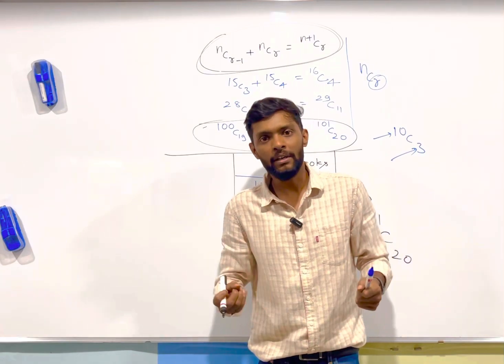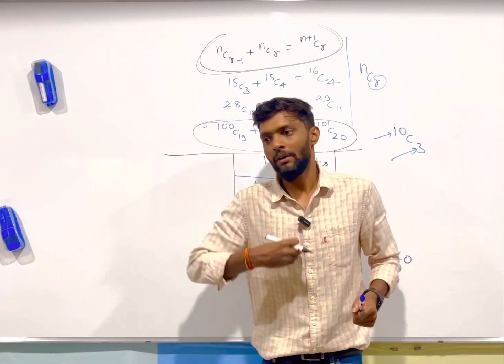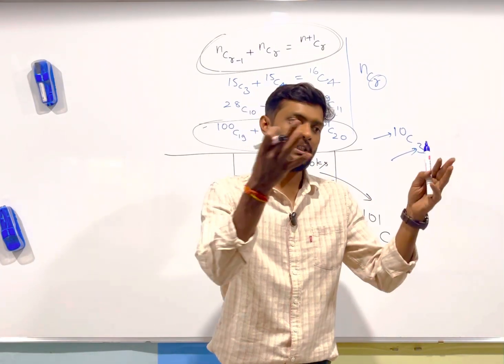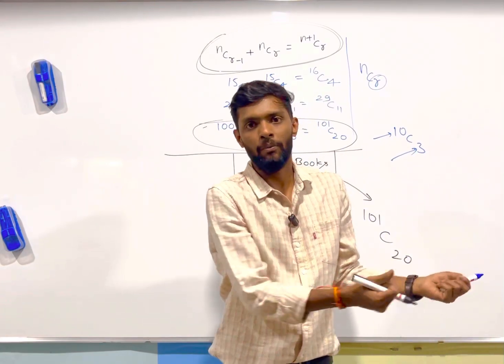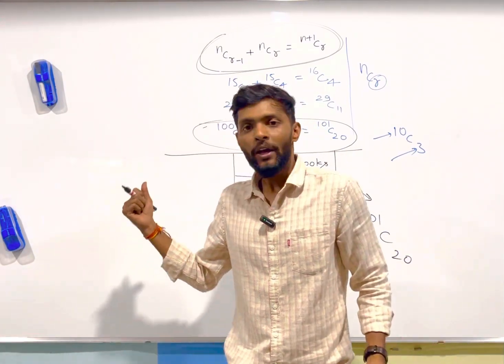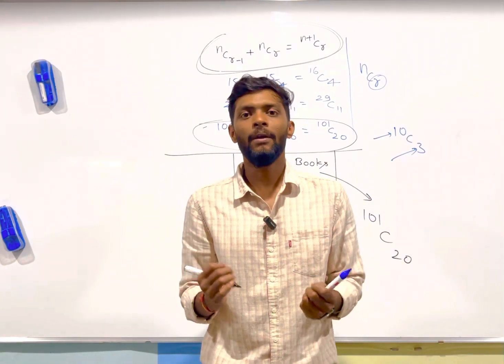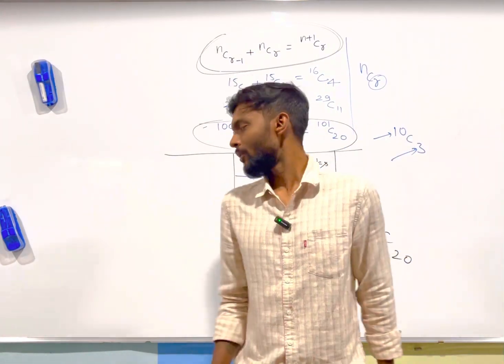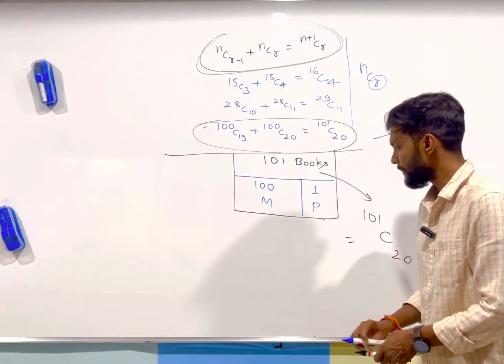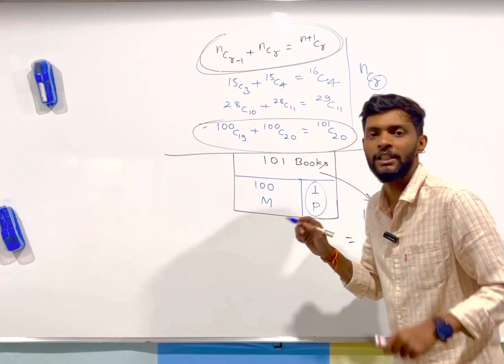If we count both numbers of ways and add them, we will get the total number of ways. First we will calculate the case where the physics book is selected.